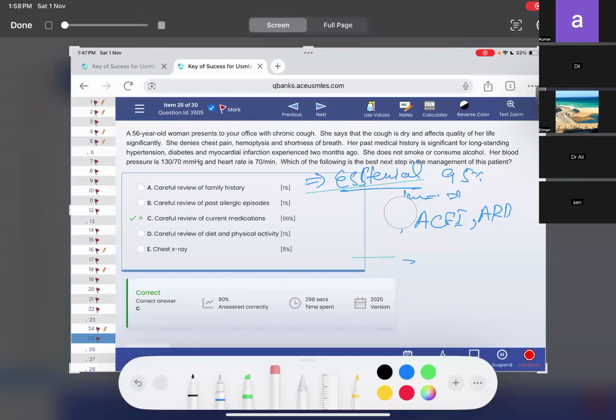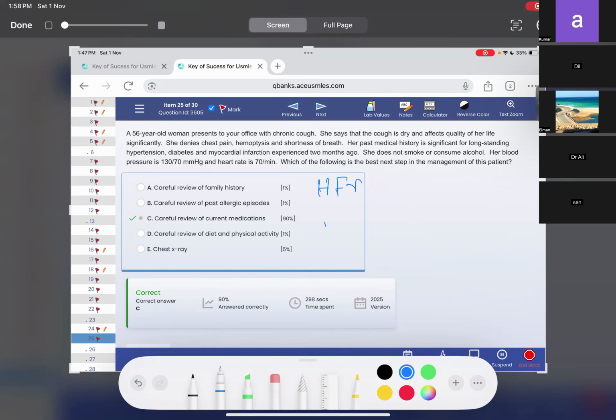Okay, clear. Let's move to the next one. A patient with hypertension with reduced ejection fraction. We will give either ACE inhibitor, ARBs, or beta blockers.